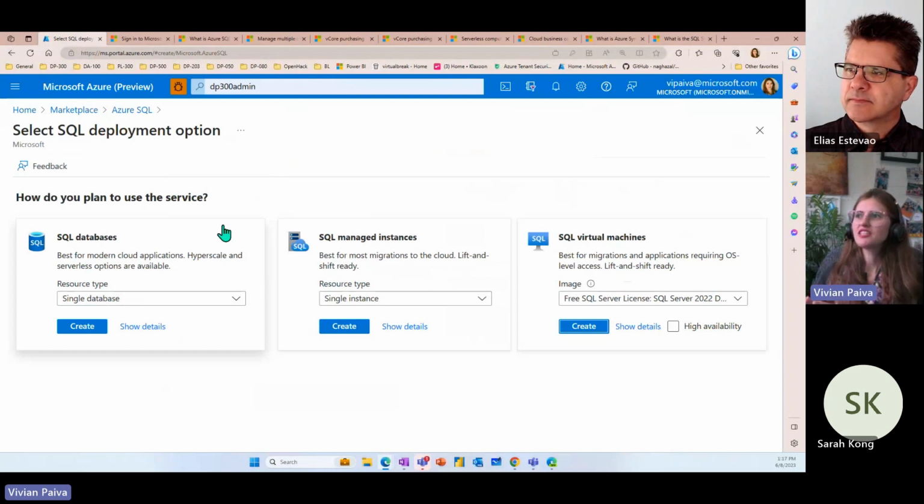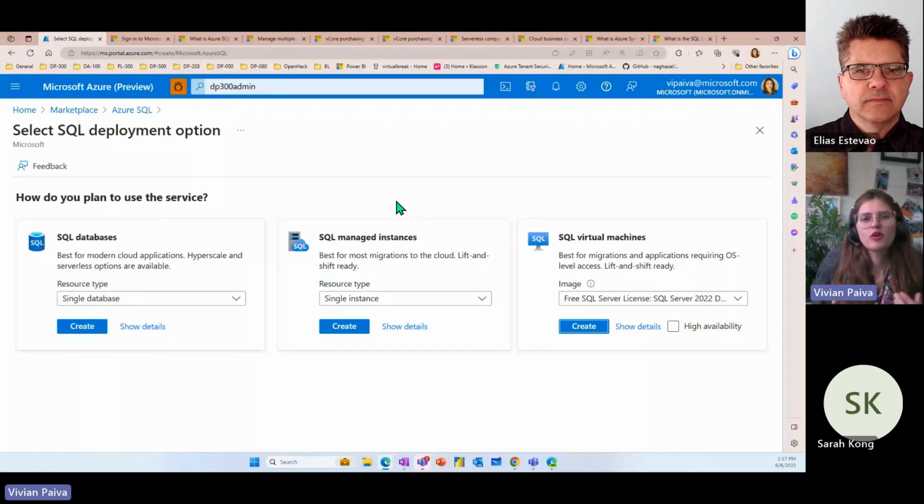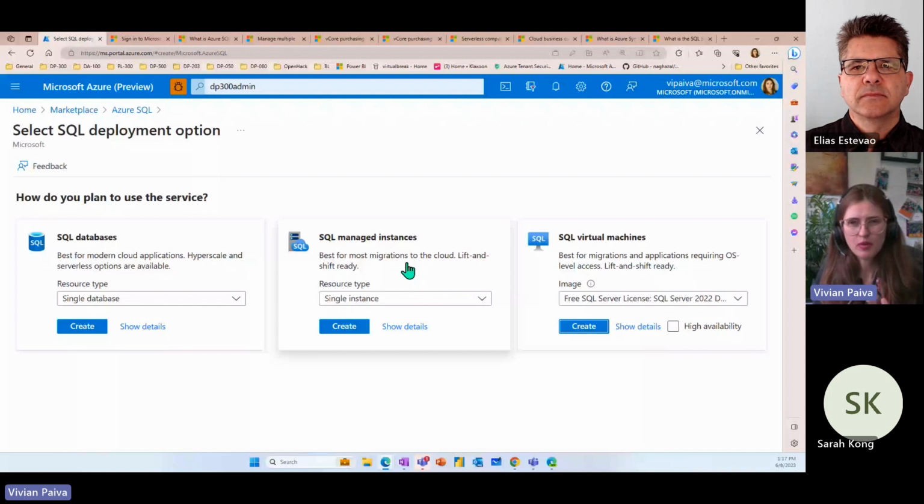So Managed Instance is a good scenario for the one that you want to modernize your applications, minimize the overhead of maintenance, and you need instance scoped functionalities available. So if you are using CLR, if you are using service broker, if you are using the SQL agent, managed instance would provide that for you.